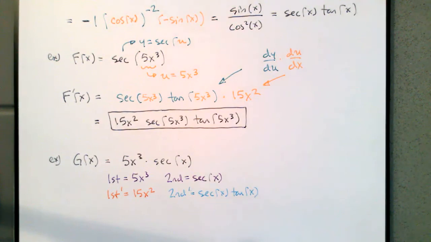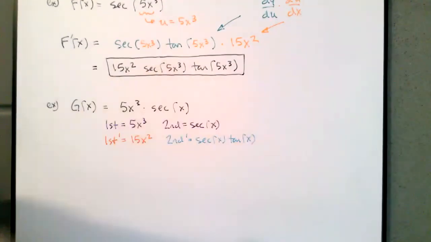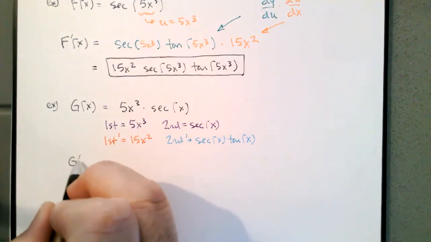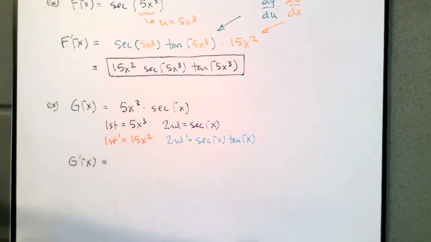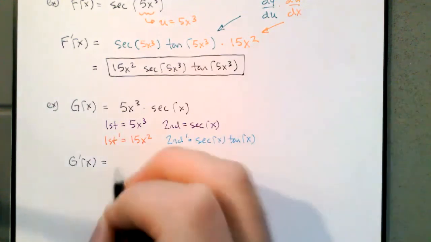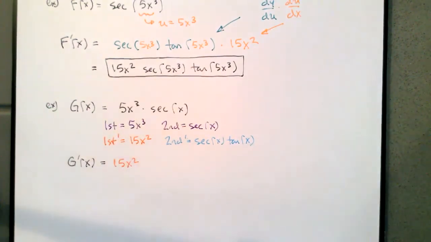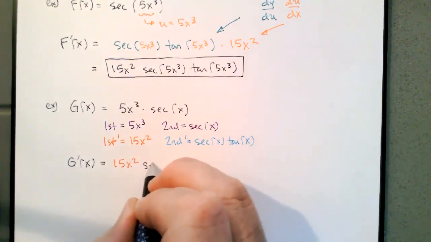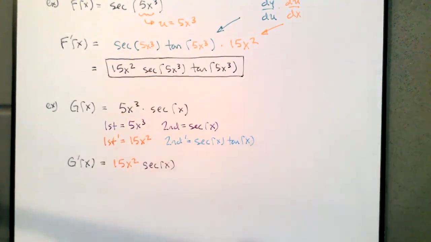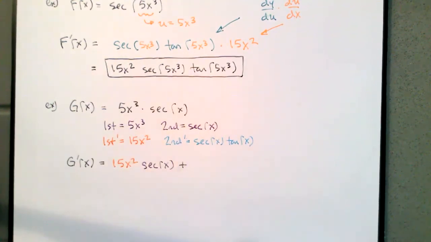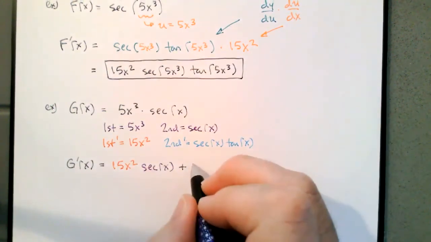I'm ready to plug into the product rule. So g prime of x will be the derivative of the first times the second plus the first times the derivative of the second.